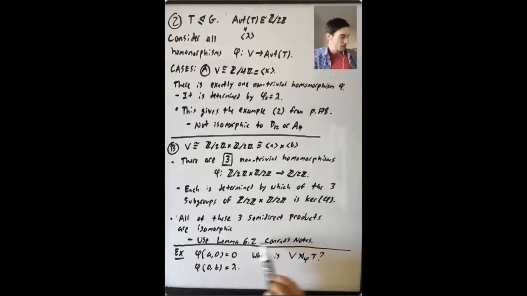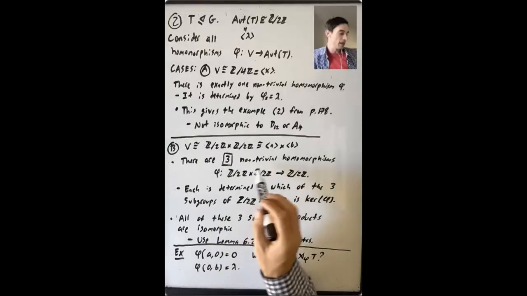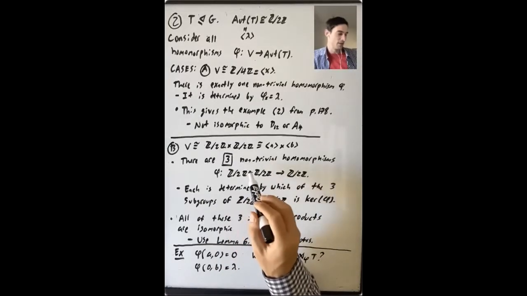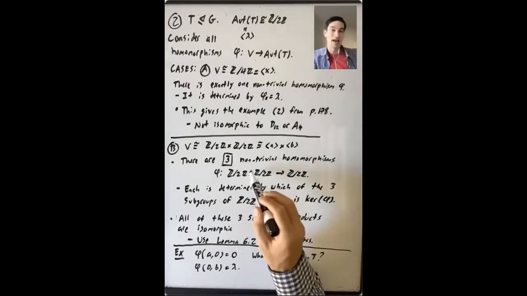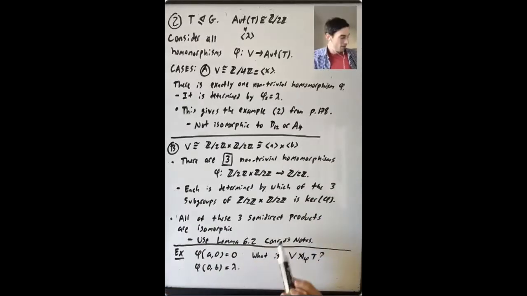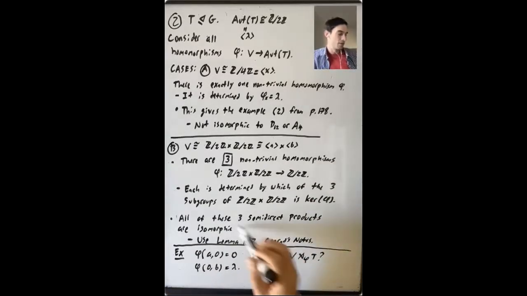And here's a case where really it's better to use lemma 6.2 in Conrad's notes about when semidirect products are isomorphic, because that exercise, exercise 6 of section 5.5, only applies to the case where you're taking a homomorphism from K to Aut H, where K is cyclic. So yeah, these semidirect products really are all isomorphic, and you can check that.